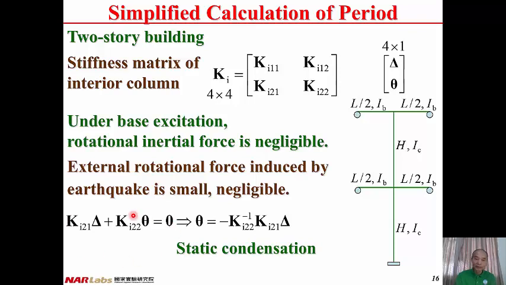And this equation becomes a static equation. And we can express theta in terms of delta. Theta equal to minus Ki22 inverse times Ki21 times delta. And this process we call static condensation. Originally, delta and theta are independent. After static condensation, they are interrelated to each other.